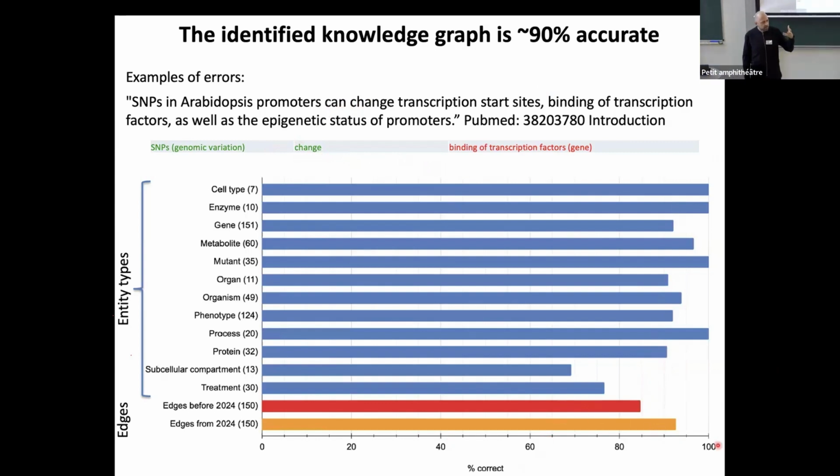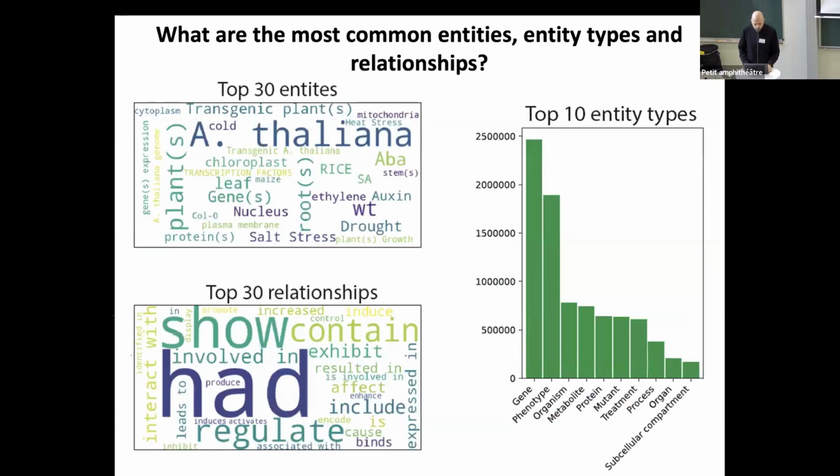Typically the errors that the large language models make are that they confuse a fact with a future goal. For example, in a paper, somebody could say, in the future, we want to test if protein A and B interact. And the large language model will say protein A and B interact, right? So this is something that we're working on.